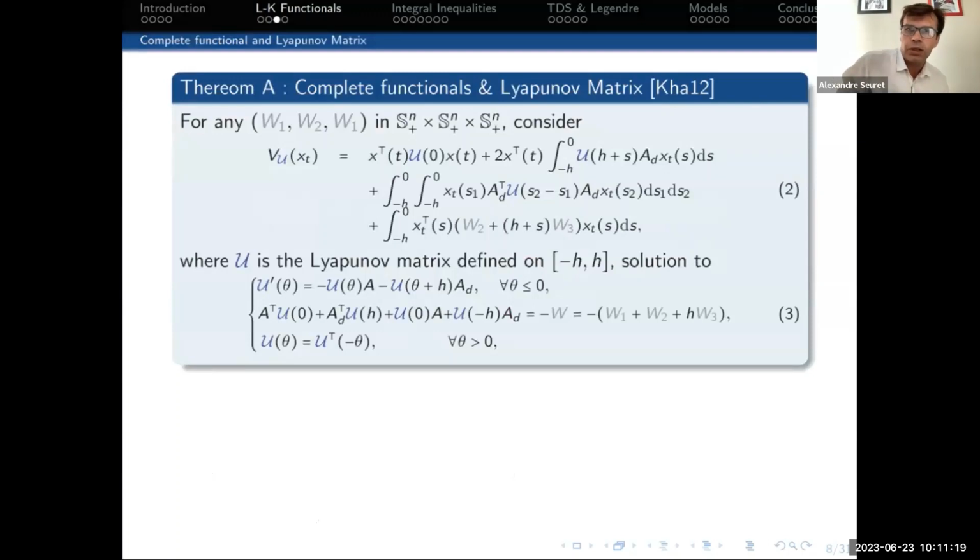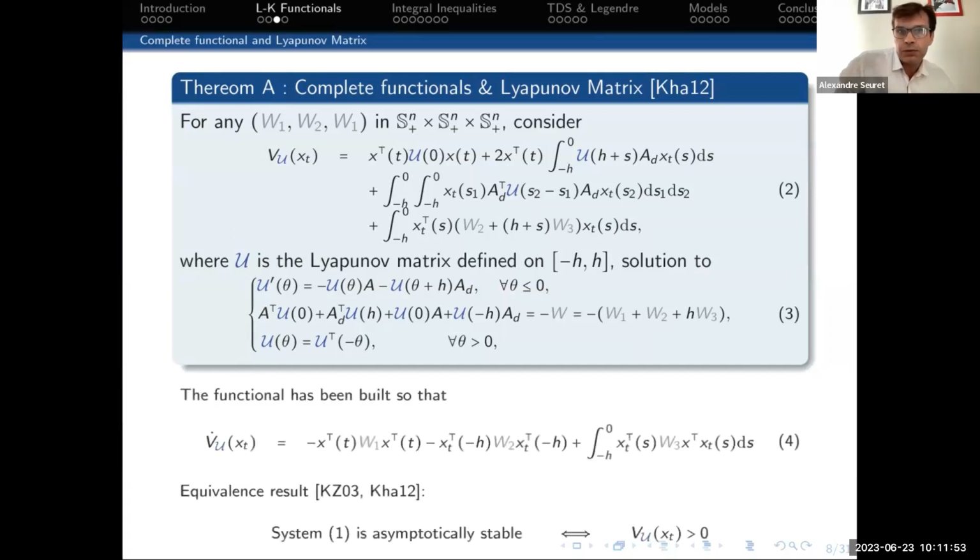And in the work of Kharitonov, there was a very nice result explaining a necessary and sufficient condition for the existence of a Lyapunov-Krasovskii functional, that is the following. You have the same class of functional, but driven by a function U, which is called the Lyapunov matrix. The Lyapunov matrix has to verify the following equalities, which are matrix differential equalities. Why does it work well?